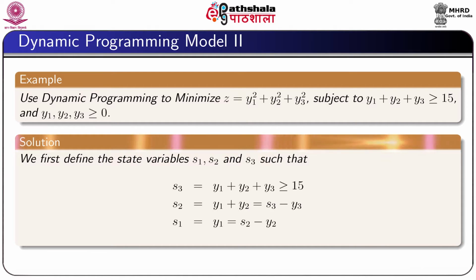To solve this problem using the dynamic programming technique, we define the state variables s1, s2, s3 as follows. We take s3 equal to y1 plus y2 plus y3, which is greater than or equal to 15, s2 equal to y1 plus y2, which is equal to s3 minus y3, and s1 equal to y1, which is equal to s2 minus y2.